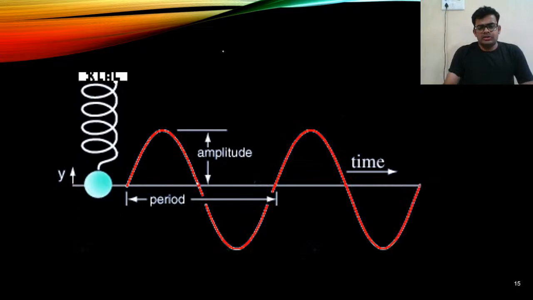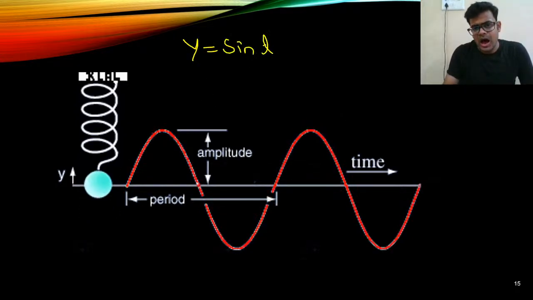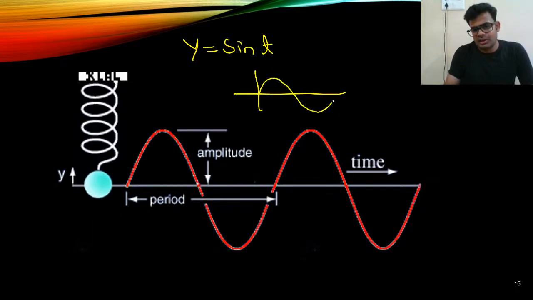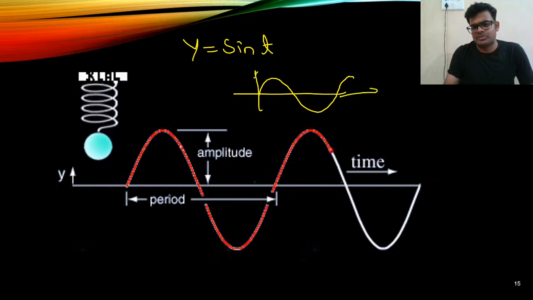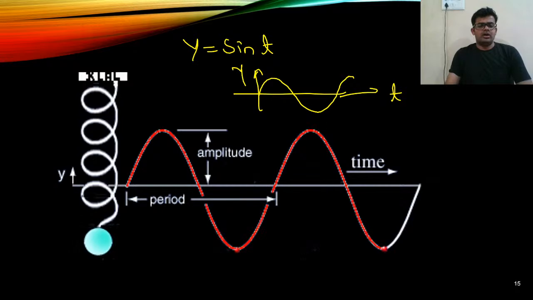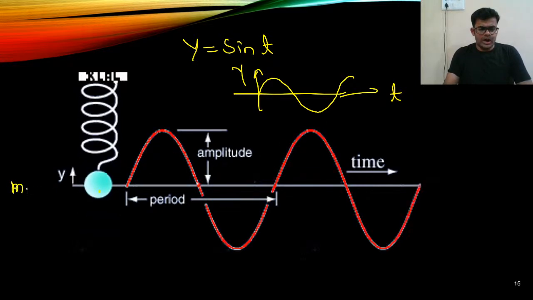Let us see this. Do you know y equals sin t? Its curve will be like this. This is the curve of y and t. Here you can see the particle is executing SHM. This is called the mean position.